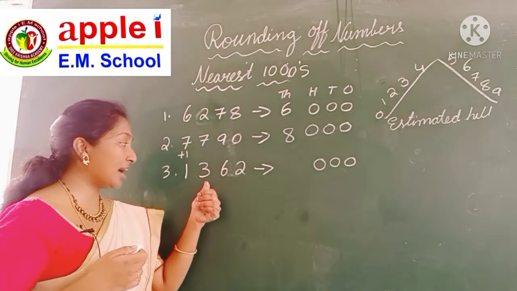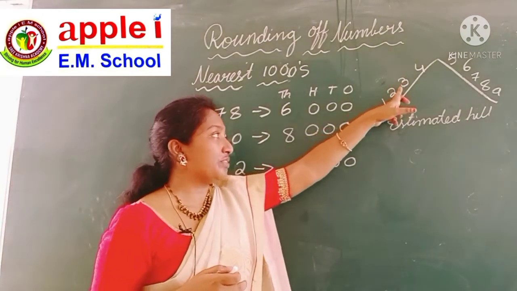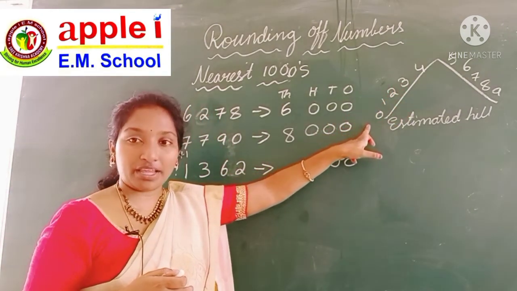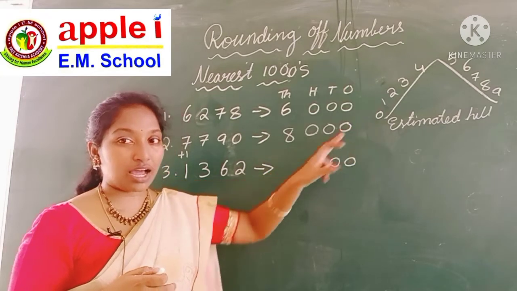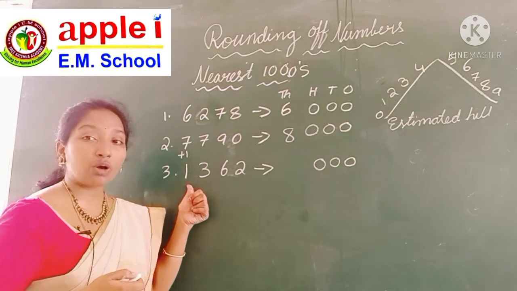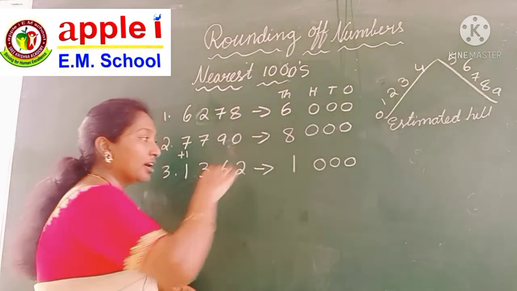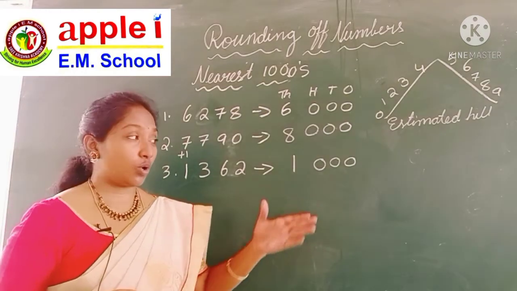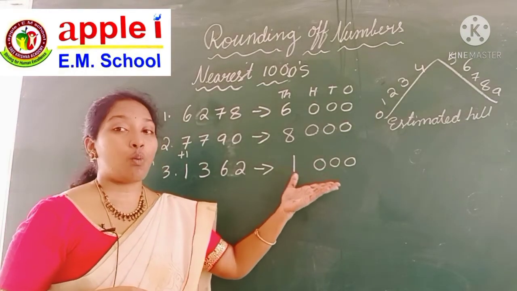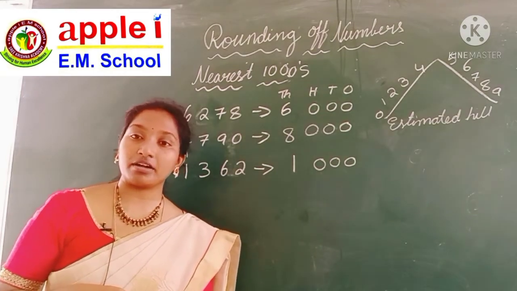What is here in hundreds place? 3. 3 means we will come back to the same place. So we have to write same numbers. So what is here in thousands place? 1. So write 1 in thousands place. So what is the estimated value? 1,000.